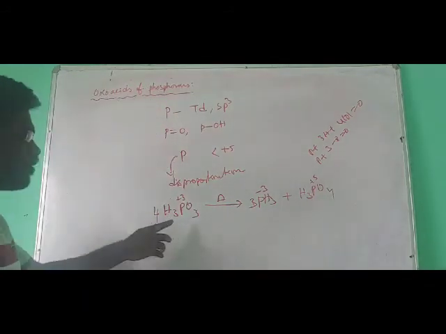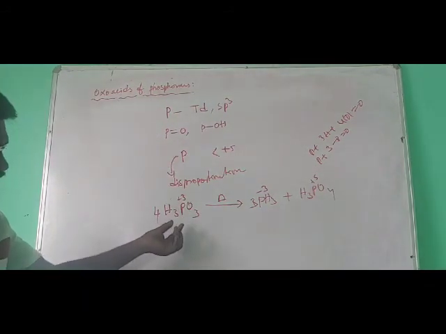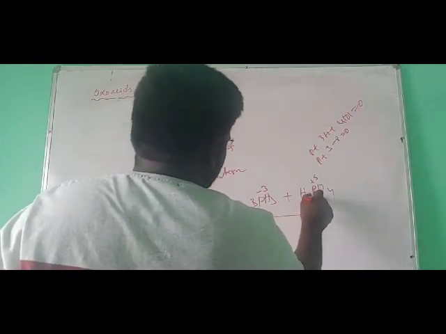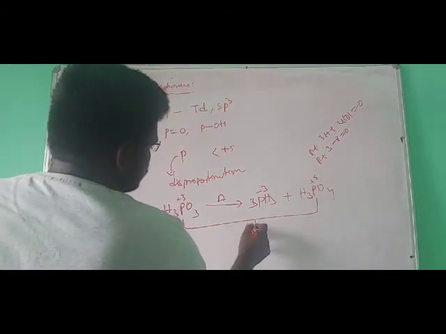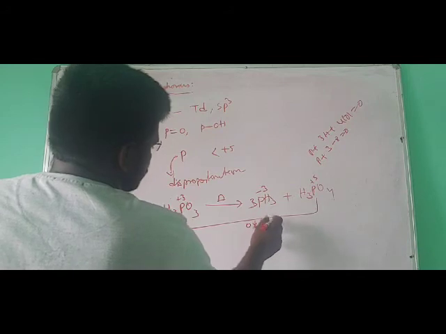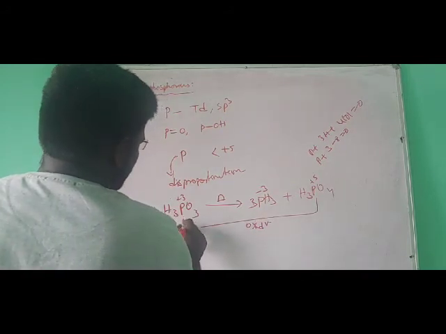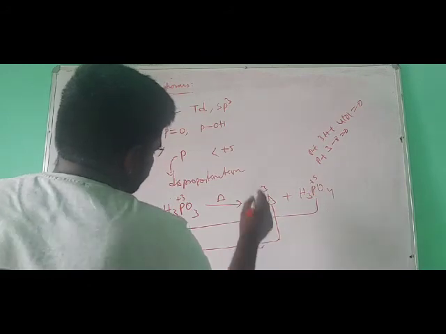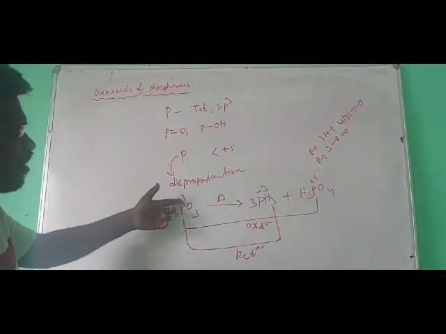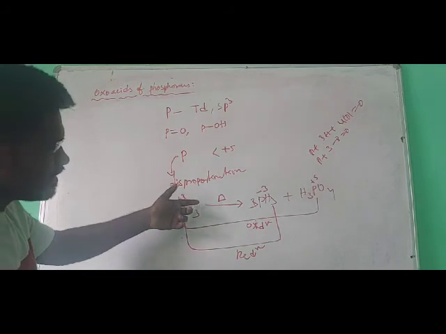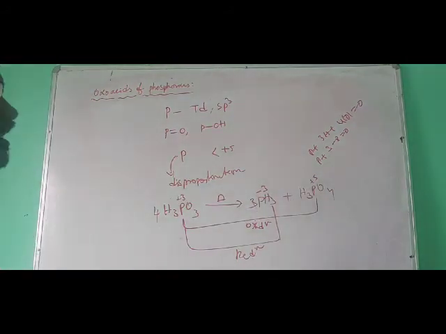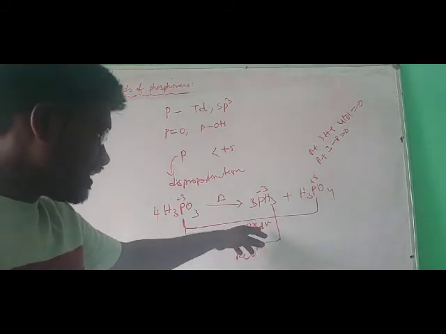Now you see the same element, phosphorus, here undergoes oxidation. This is the oxidation, and from here to here, this is reduction. Here the +3 oxidation state changes to +5, the oxidation state increases, so that is known as the oxidation process.